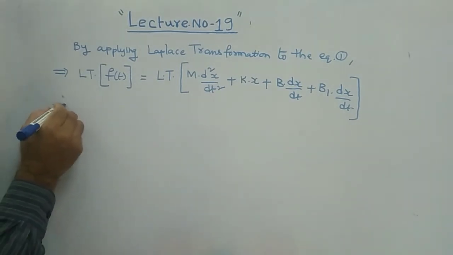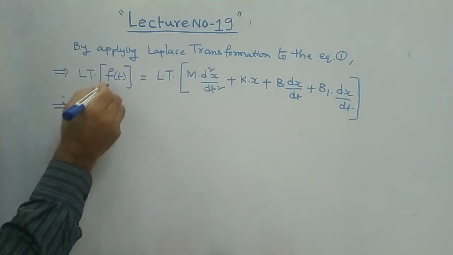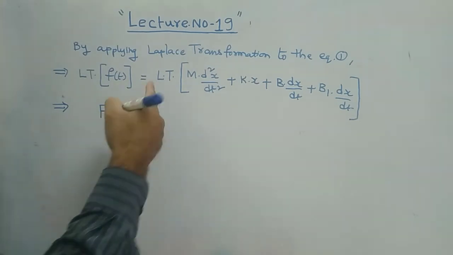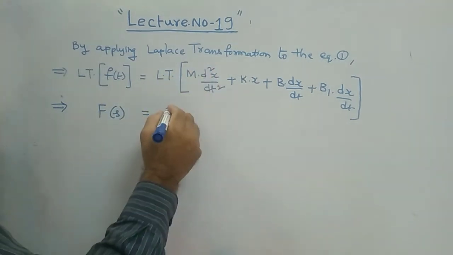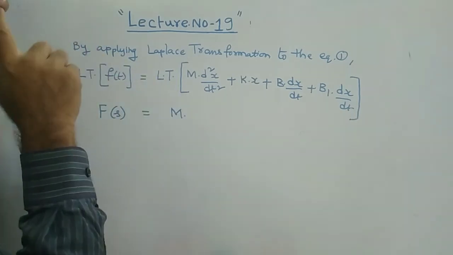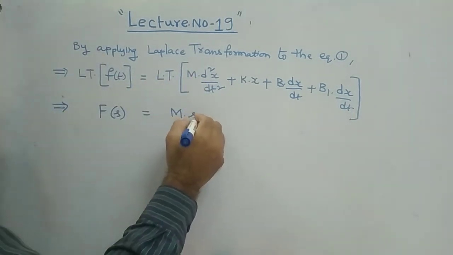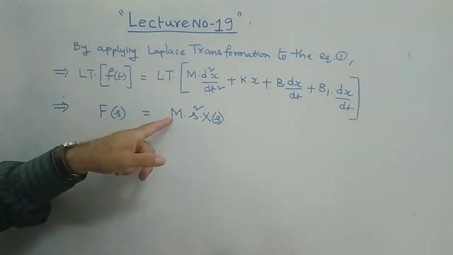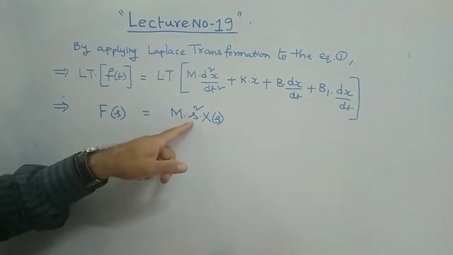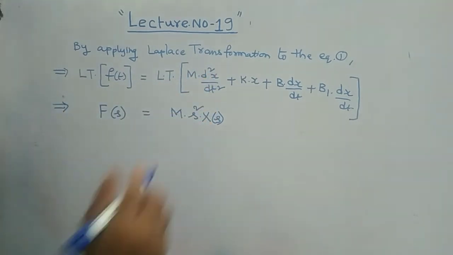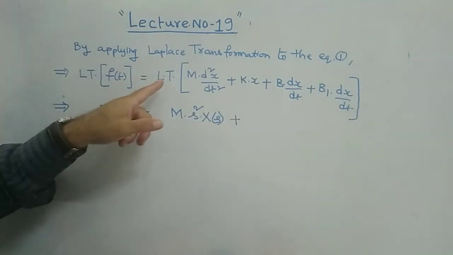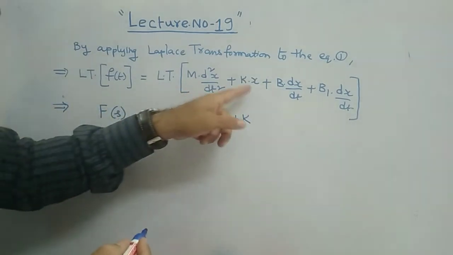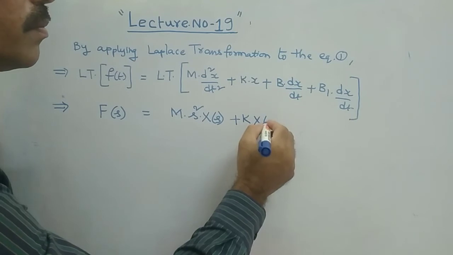Now I erase this also. The Laplace transform of f of t is nothing but capital F of s, as I already explained in the previous presentation. Now the Laplace transform of this first element becomes m into s square into x of s. M is the constant and the second derivative comes as s square. Your x becomes x of s. Plus, applying the Laplace transformation to k into x, k is the constant and small x becomes capital X of s.